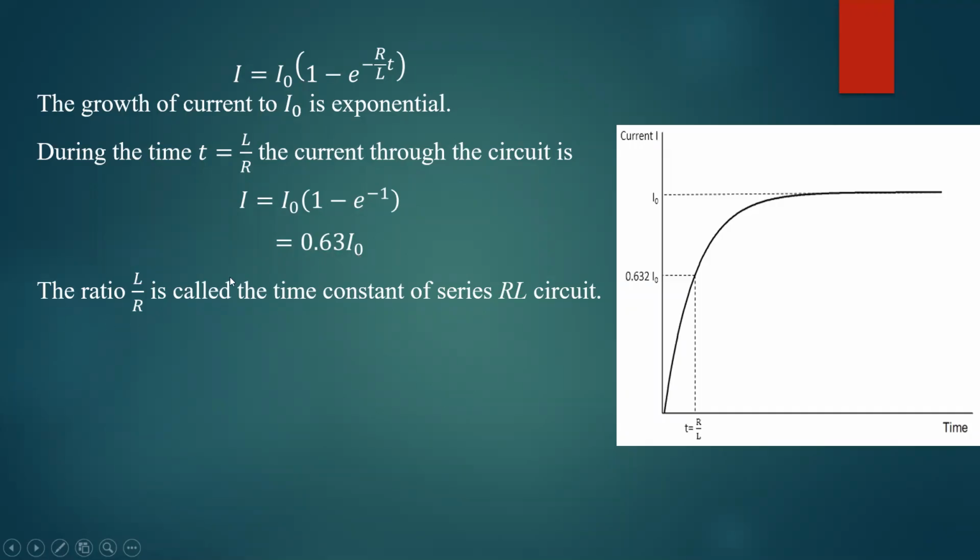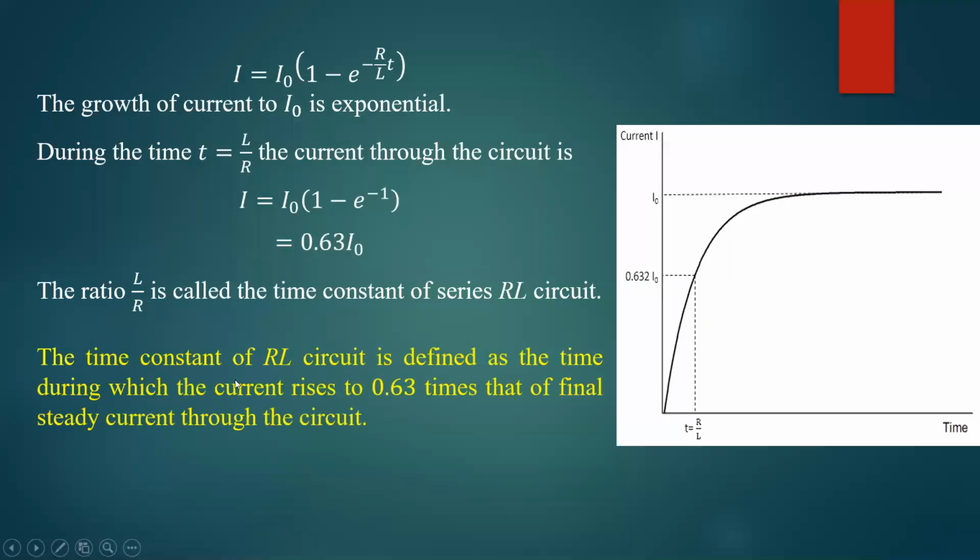This ratio L by R is called the time constant of the series RL circuit. It decides how fast the current grows. The time constant is defined as the time during which the current rises to 0.63 times that of the final steady current through the circuit.